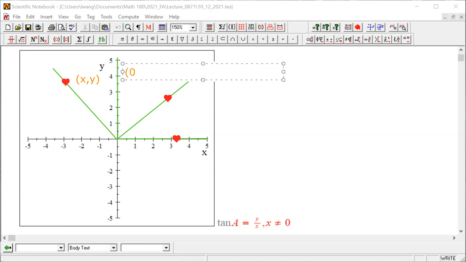X will be 0. So this is the terminal that will cause the tangent to be undefined, because y over x will have a 0 denominator. So how many angles end up on this terminal? This terminal is the forbidden one.